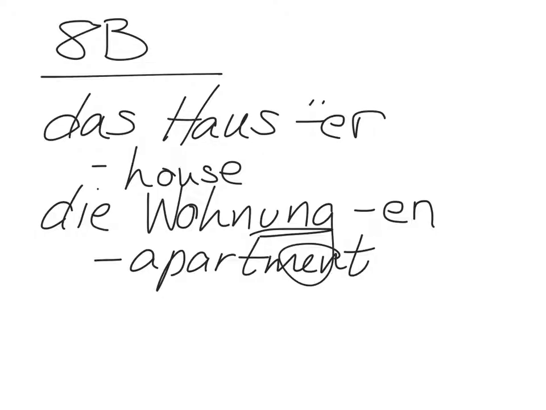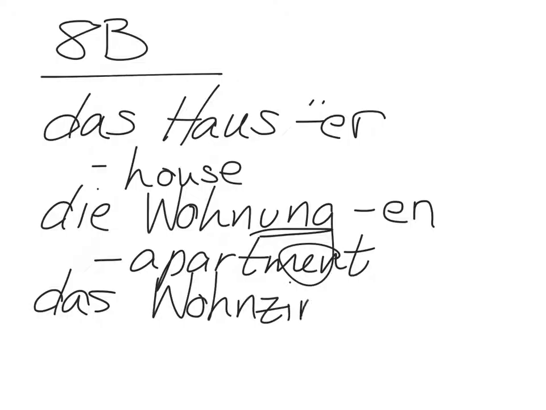Now to get into the rooms of a house or apartment. So, there we go. First one. Okay, try that. Das Wohnzimmer. Das Wohnzimmer. What do you think? Living room. So wohn, from wohnen, to live.